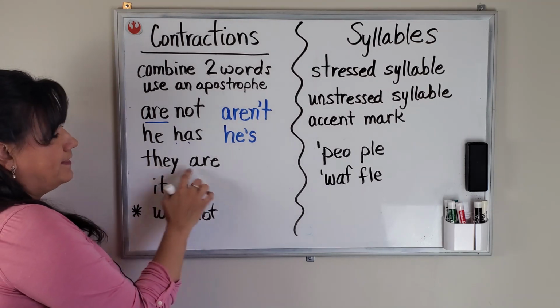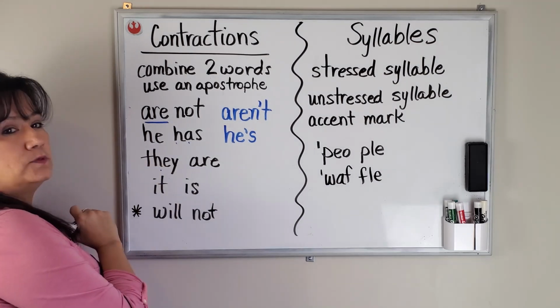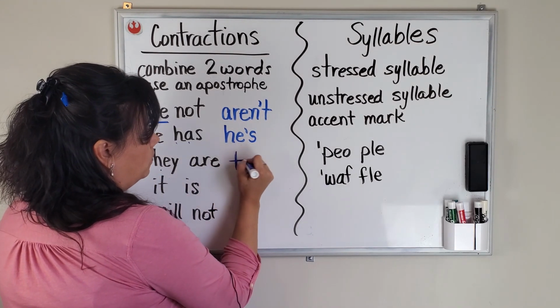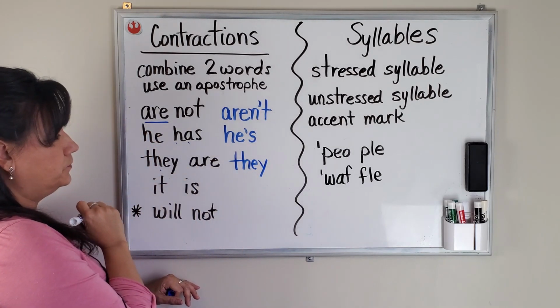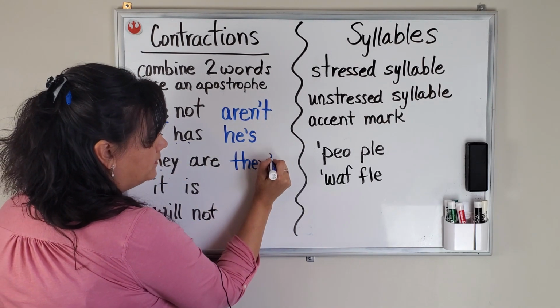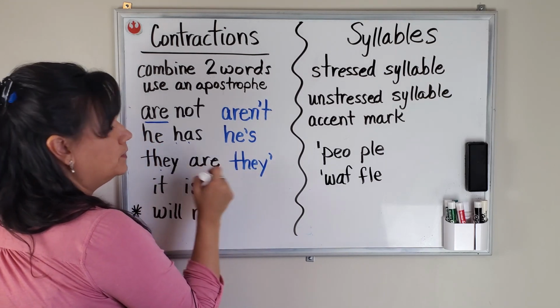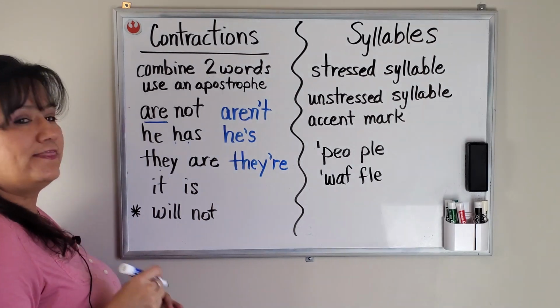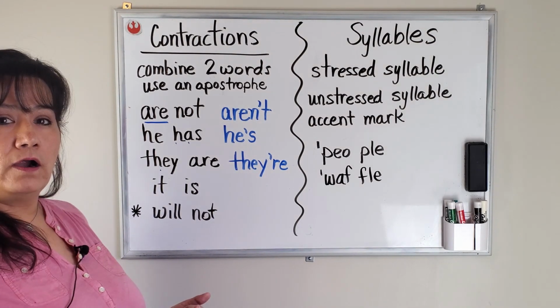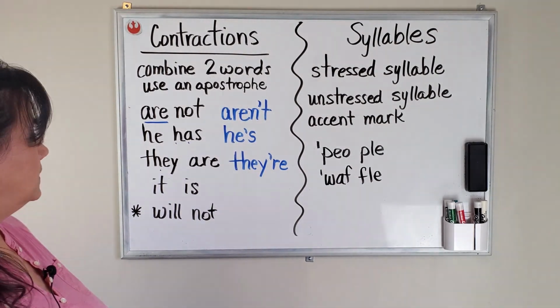The next one is they are. Again, we're going to use they. We are going to use the apostrophe. For the letter A, we remove a few letters, and we have the contraction there. They are my friend.